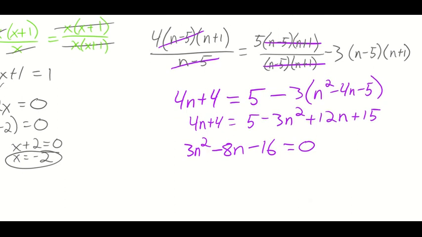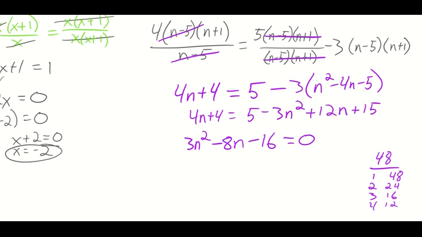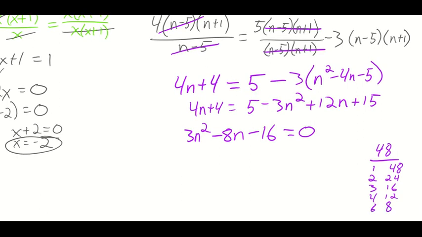So what we can do with this, multiply the 3 and the 16, we get 48. Let's go list our factors of 48. So we got 1 and 48, 2 and 24, 3 and 16, 4 and 12, 6 and 8. Now, since this sign is negative, we're looking for a pair whose difference is 8.